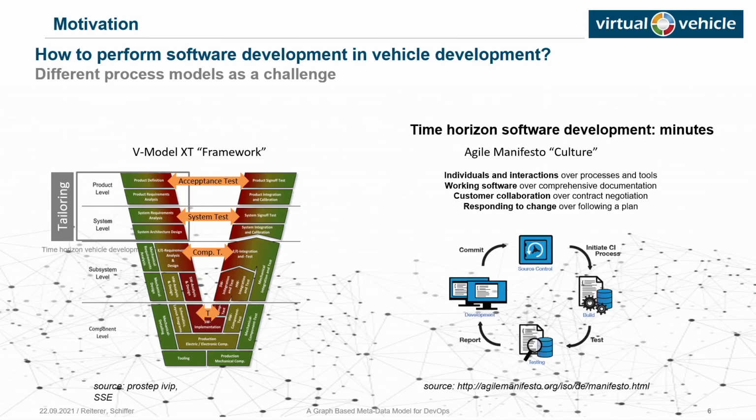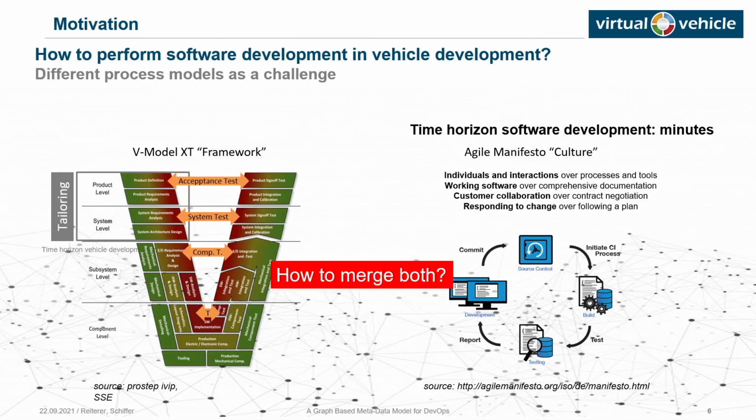But on the other hand, we want to shorten time to market. And for this, we want to dive into agile processes and strategies as well, which are well established in software development already. But it's very hard in our V model world on the mechatronics side. So we have to talk about how to achieve this.